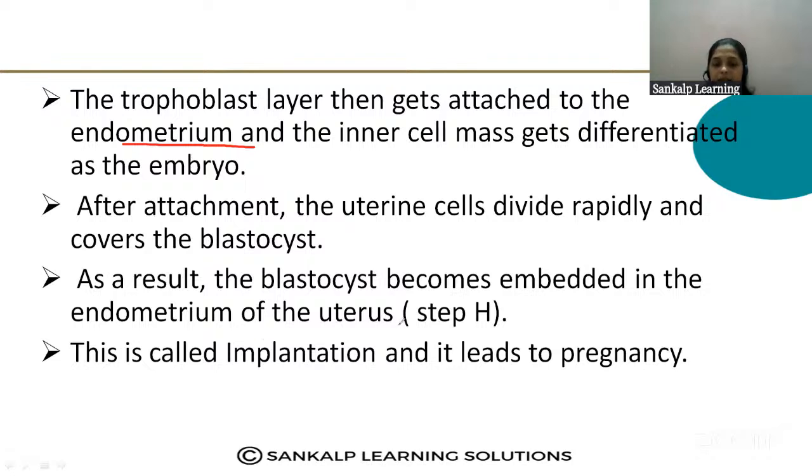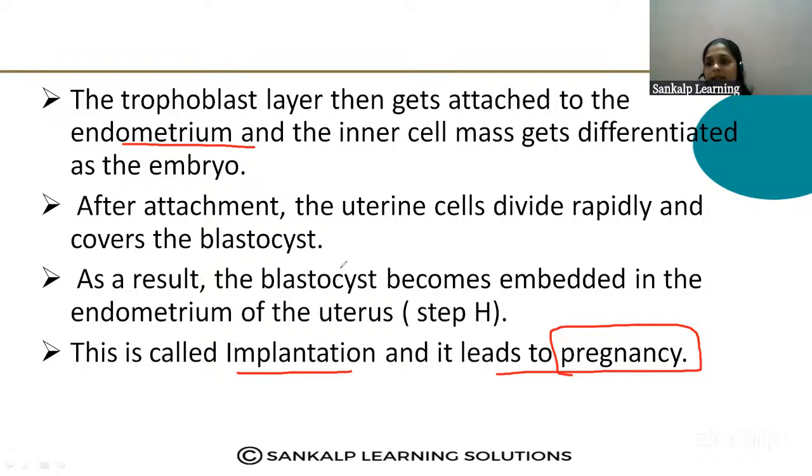So inside the uterus, it is attached in the endometrium layer, and this process is called implantation, and it leads to the pregnancy. What is pregnancy then? When the blastocyst gets attached to the endometrium of the uterus, then it leads to the pregnancy.